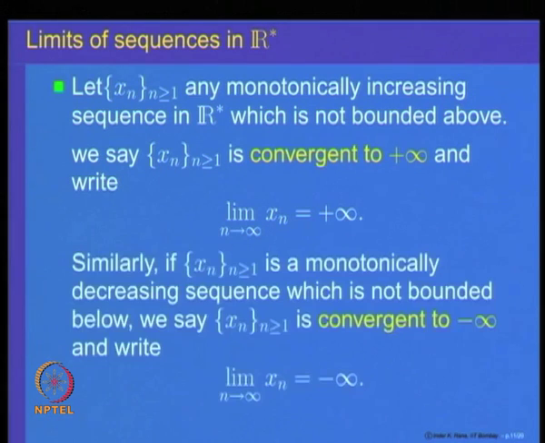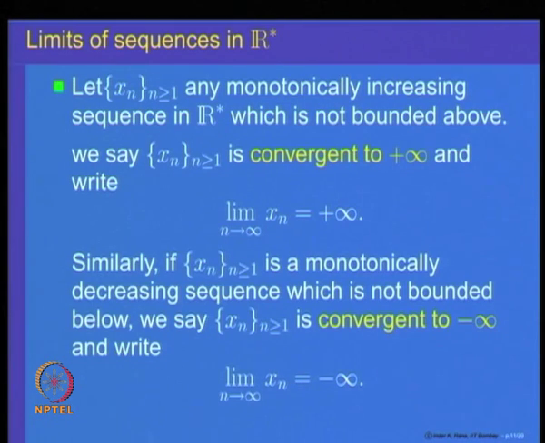Similarly, a sequence x n in R star which is monotonically decreasing and not bounded below, we say it converges to minus infinity and write limit n going to infinity x n is equal to minus infinity. So, this is how we will analyze sequences in R star which are monotonically increasing or decreasing.